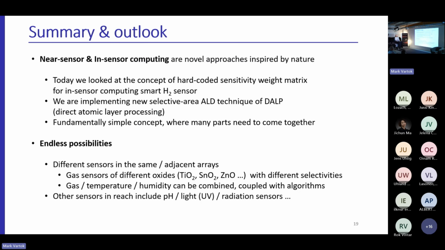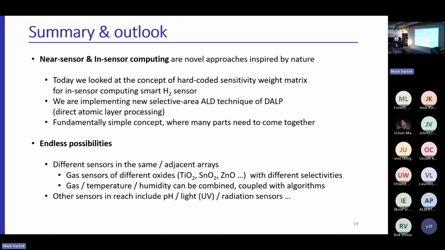Today I tried to show you how we can hard code the sensitivity of each sensor using hardware, and especially DALP. The case I presented was a hydrogen sensor, but what I really want you to take as a message is that this is just the beginning, because this approach, once we prove it can work, and I think we will prove at IDM that it works, applies to any kind of sensor based on different oxides.